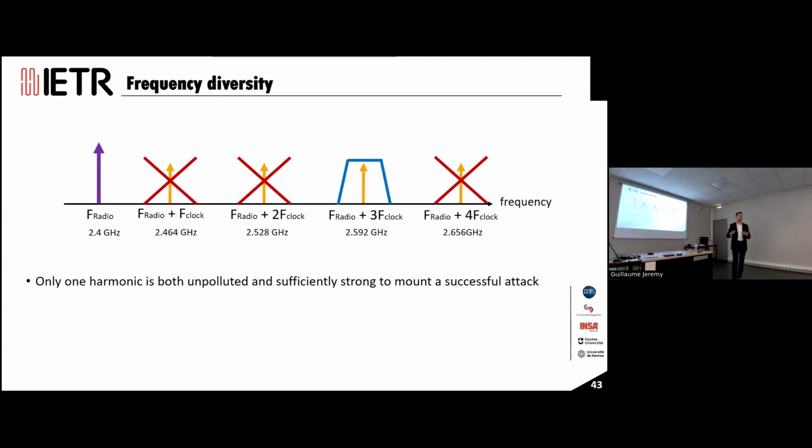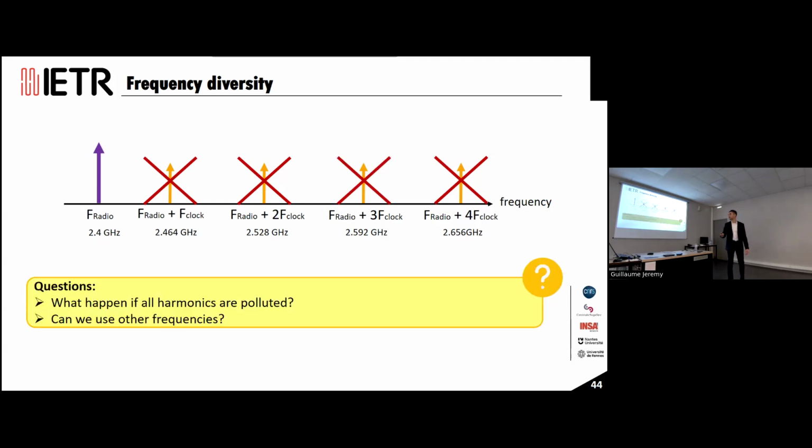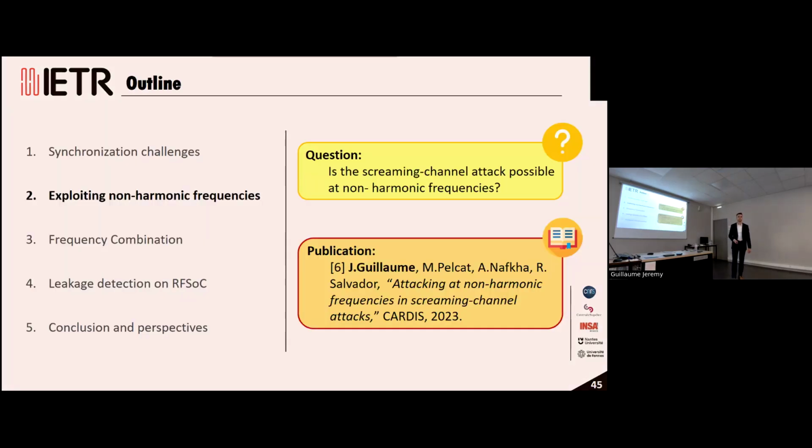So first, we did not have frequency diversity because only one harmonic was good enough. And second, one important question came: what would happen in a polluted environment where all the harmonics would be polluted? Does it make the attack unfeasible, or could we keep the attack feasible by using other frequencies than the harmonics? And from here comes our second contribution, where we are going to study this attack at other frequencies than the harmonics.